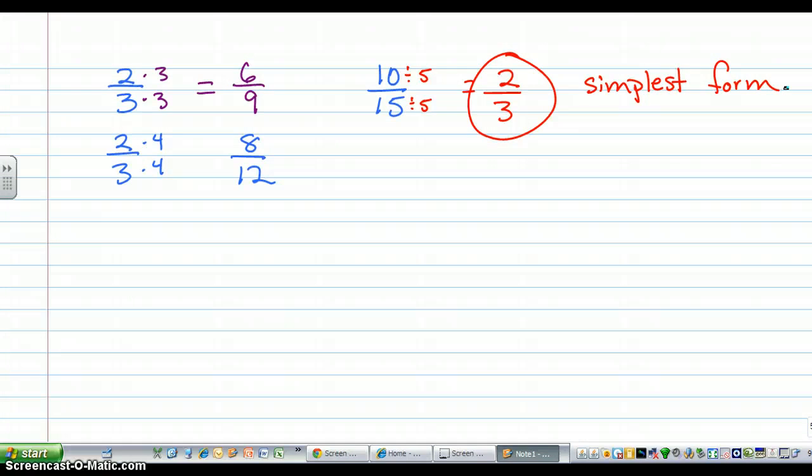I'm going to give you a problem, and I want you to change it into simplest form. Okay, let's give you 14/18.